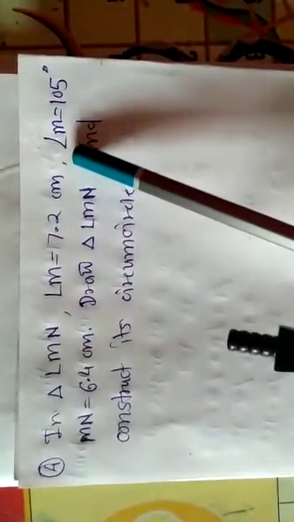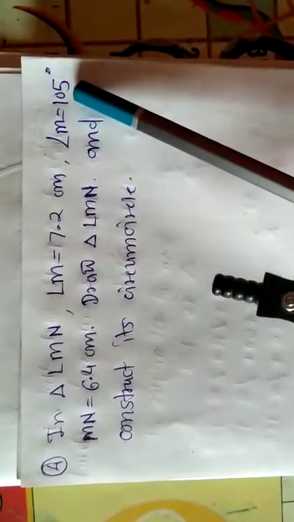Now next, example number 4. In triangle LMN, LM equals 7.2 centimeters, angle M equals 105 degrees, MN equals 6.4 centimeters. Draw triangle LMN and construct its circumcircle. So again we draw a rough figure. Which side do we take as base?